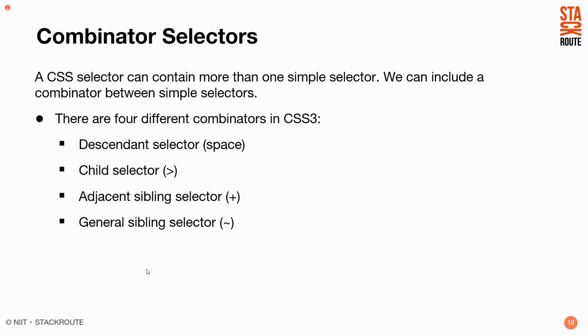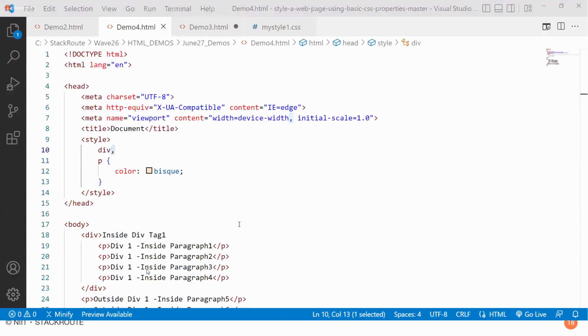Comma means it's applicable for all selectors, whereas for nested tags, the selector can be of any of the 4 categories: descendant, which is space, greater than symbol, plus and tilde. Requesting all of you to pay attention.